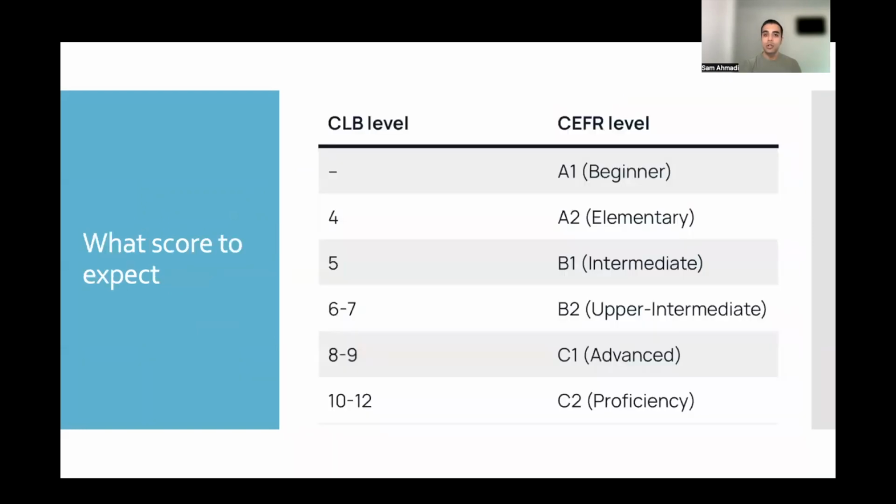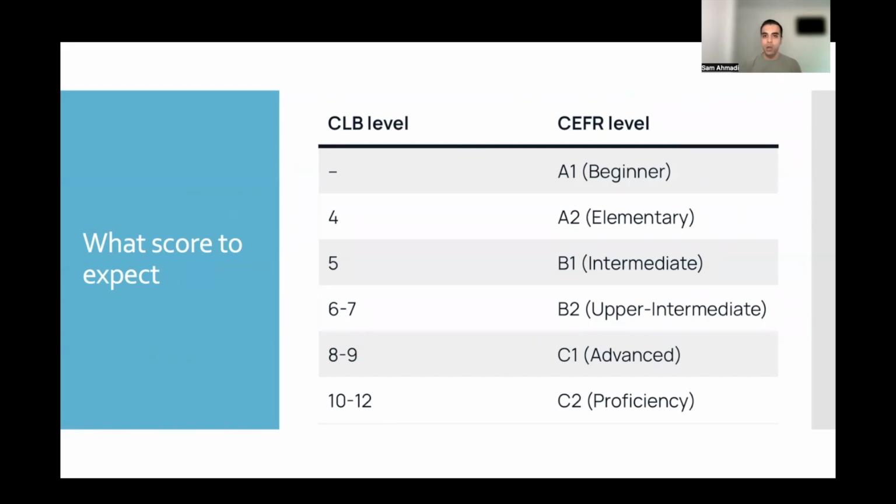Now, let's look at how these levels of proficiency translate to CLB scores or CELPIP scores, because CELPIP scores correspond to the Canadian Language Benchmark or the CLB level. So as you can see here, if you are at the A1 or beginner level, your level of English is so basic that it doesn't really correspond to a real score.